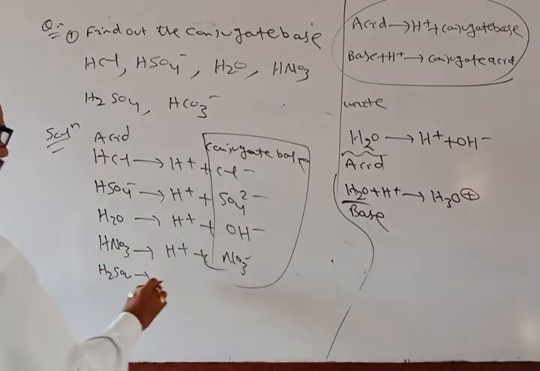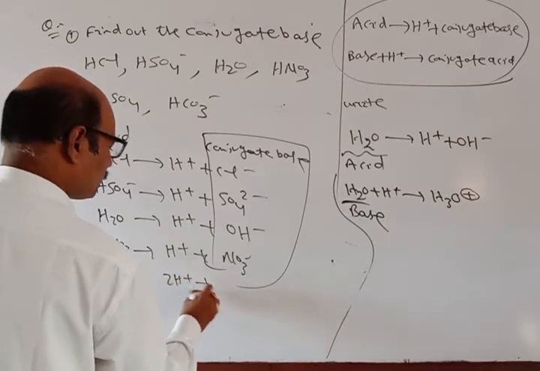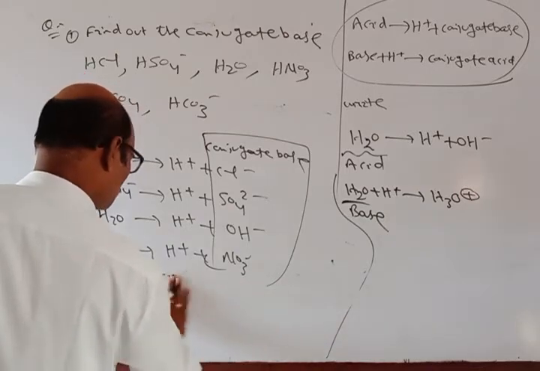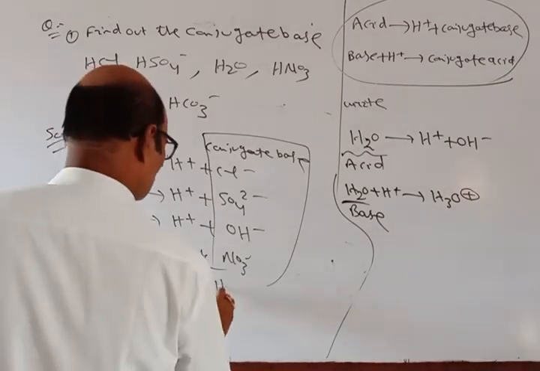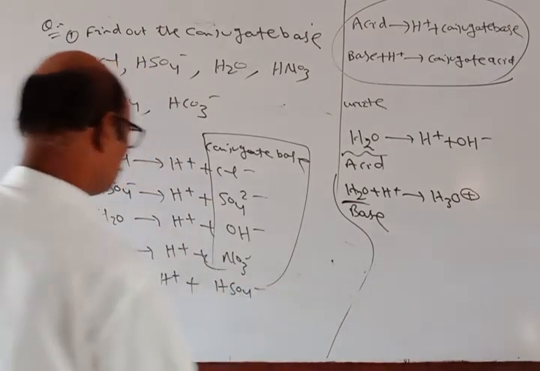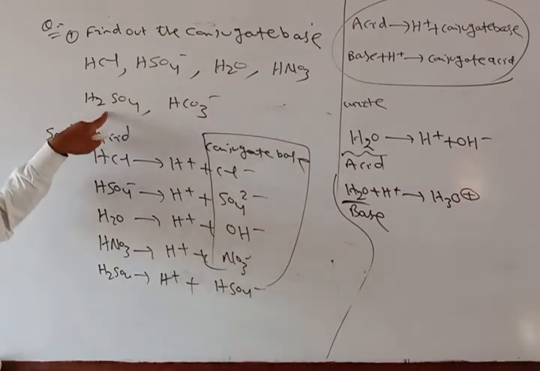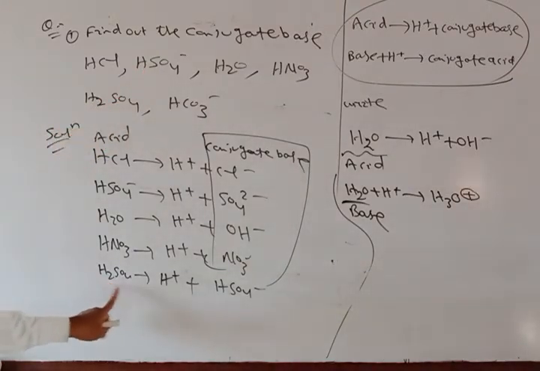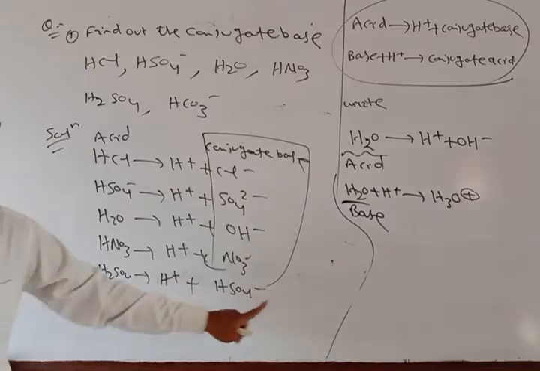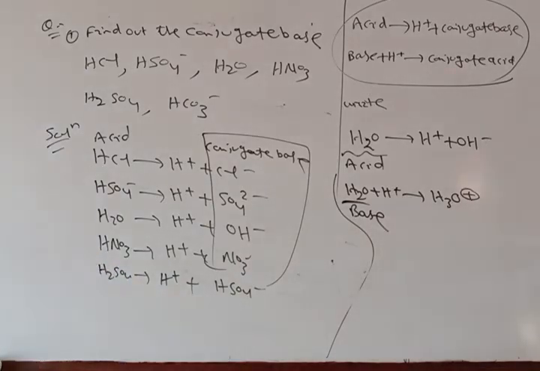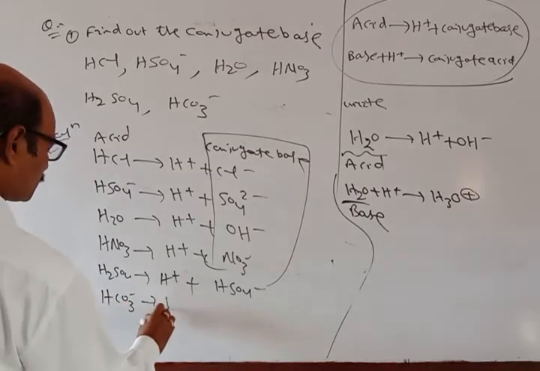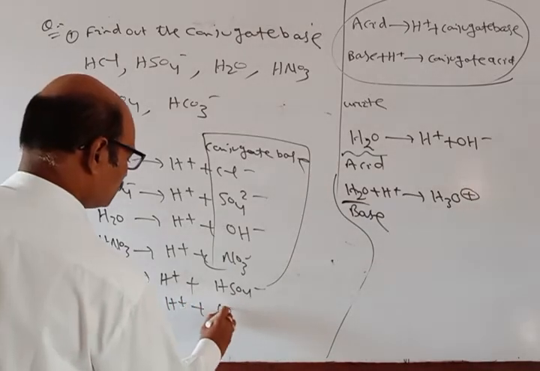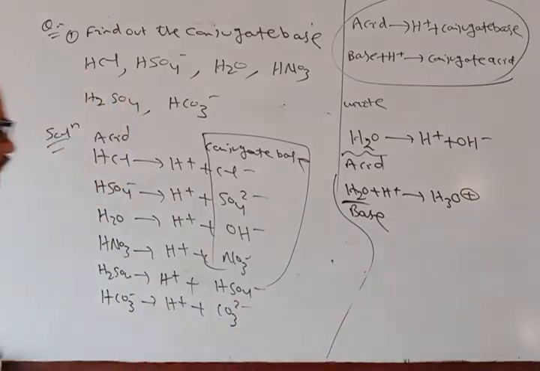H2SO4 gives H plus and HSO4 minus. So H2SO4 is the acid giving the proton, so the conjugate base is HSO4 minus. HCO3 minus gives H plus and CO3 2 minus.